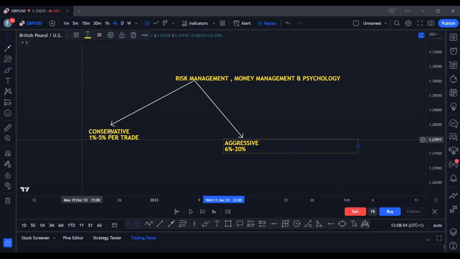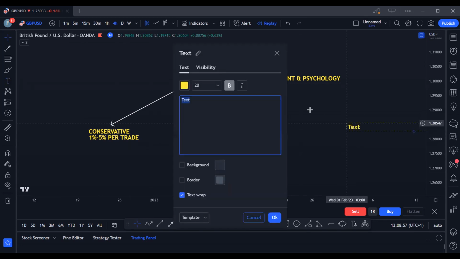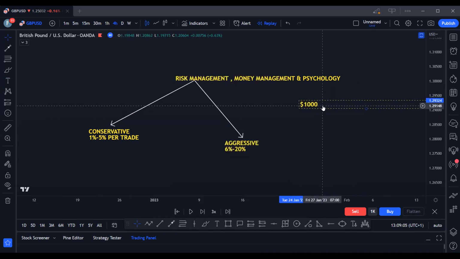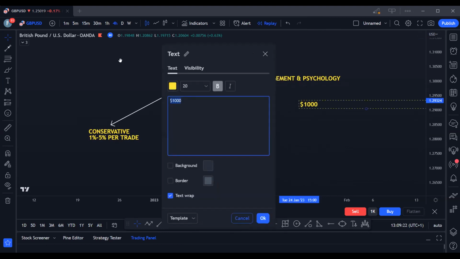Okay, so let's say your account is an account of $1,000. If you are being conservative and you are risking 1% of your account, how much do you stand to lose if that particular trade doesn't go up?